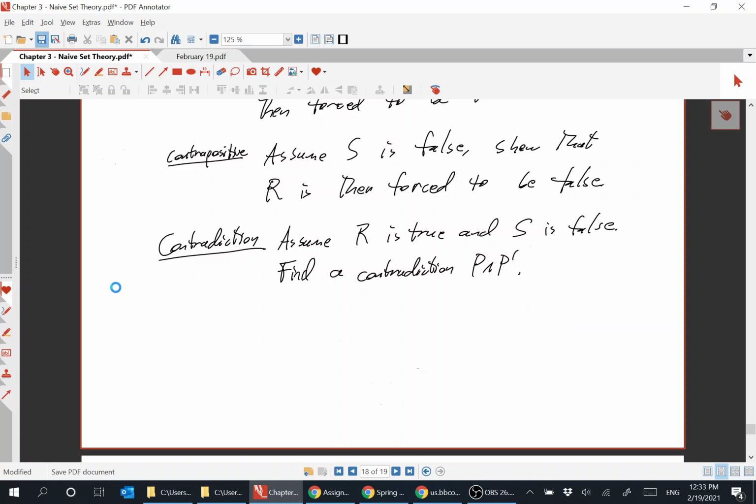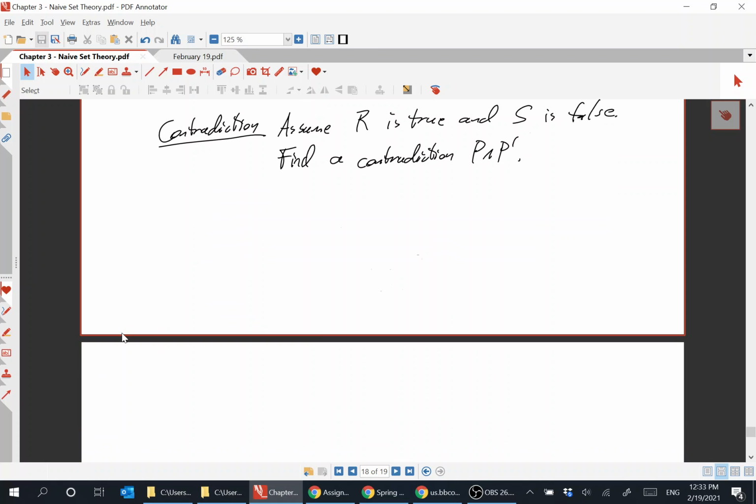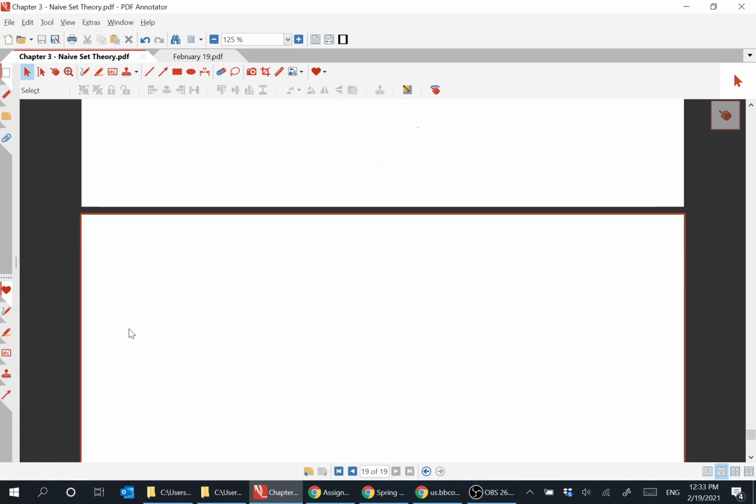So that's the heart of a proof by contradiction. So let's do an example. Not contradiction, just an example of some if-then type proofs, again involving sets. So prove the following statement is true.